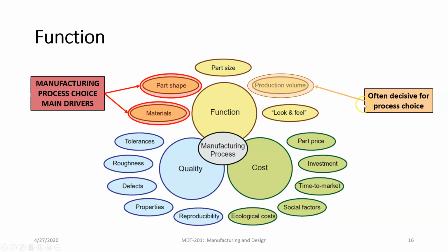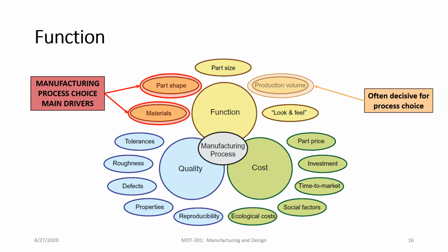Production volume is often a decisive factor for process choice. So how many parts are we going to make? Are we making 10 parts, or 10,000 parts, or 10 million parts? Think about it from the point of view of an automobile. If you were only making one automobile, that automobile would be very expensive.